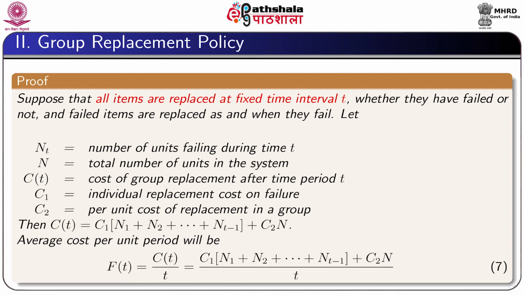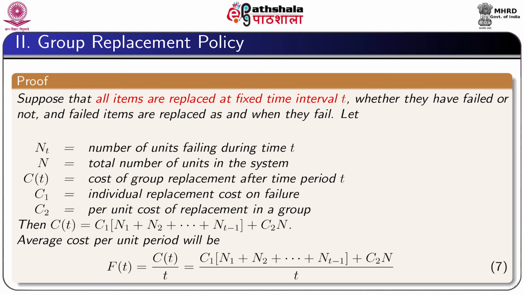We suppose that all items are replaced at fixed time interval t, whether they have failed or not, and failed items are replaced as and when they fail. Let n_t be the number of units failing during time t, and capital N be the total number of units in the system.